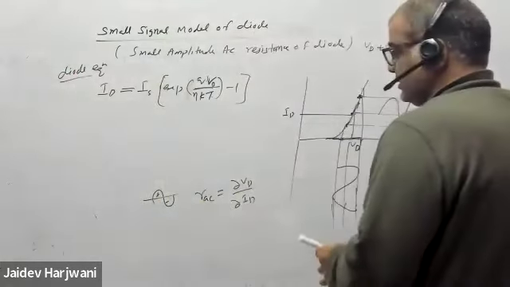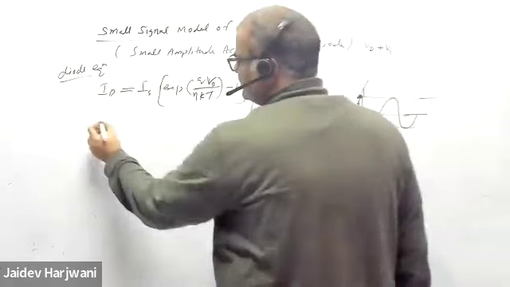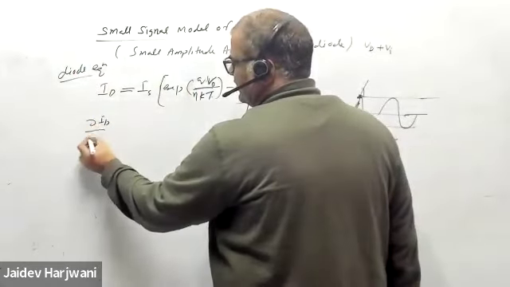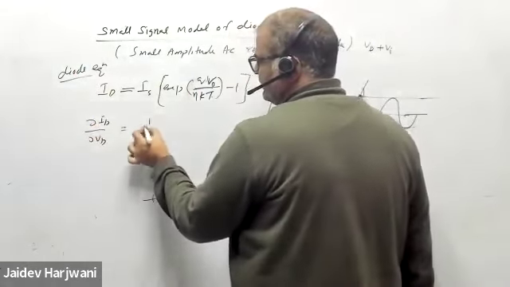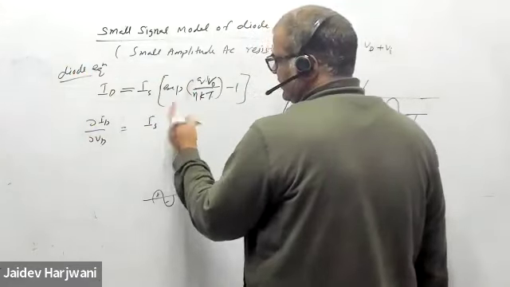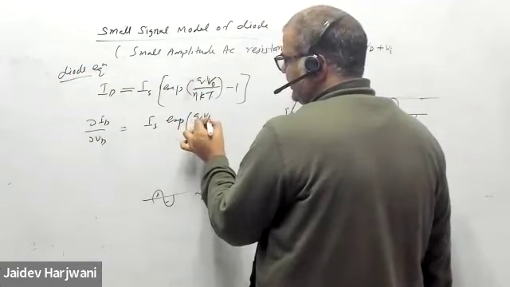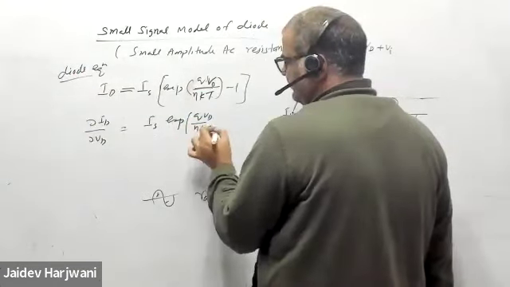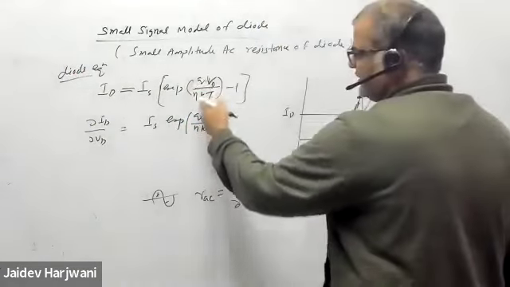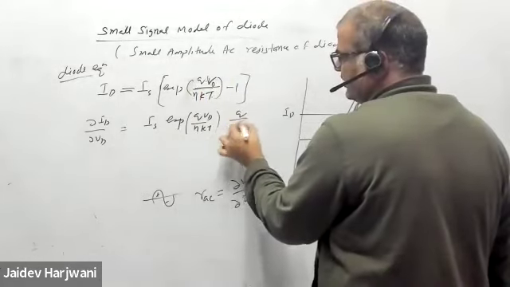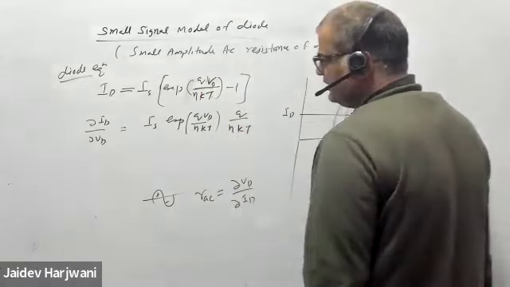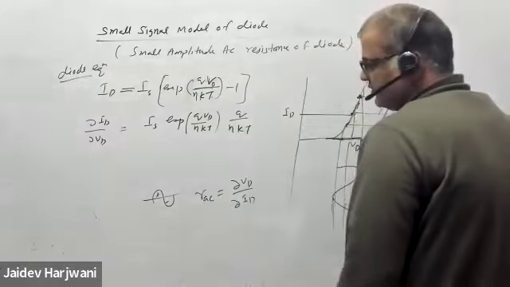Differentiate this equation. So you differentiate this, and it becomes delta ID upon delta VD. How much comes? IS, and this becomes 0. Exponential of QVD upon eta KT comes, and if you differentiate this part, it will become Q upon eta KT. Yes or no?